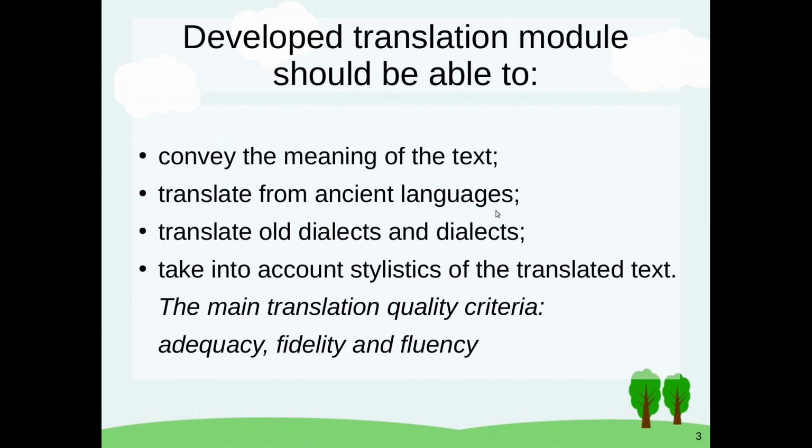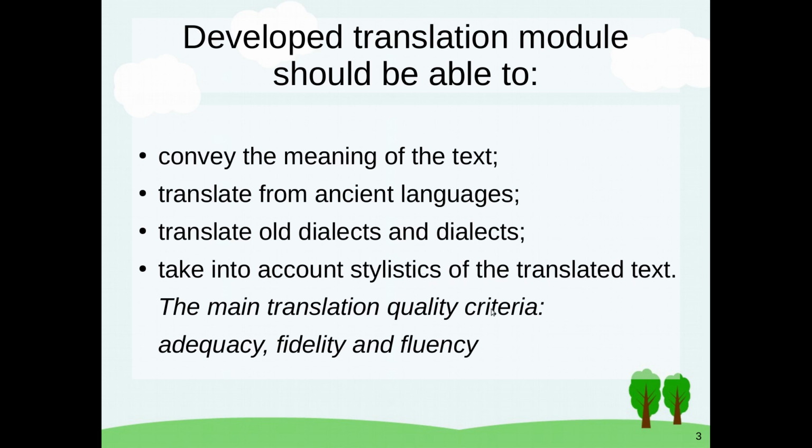The developed translation module should be able to convey the meaning of the text, translate from ancient languages, translate old dialects and local dialects, and take into account the stylistics of the translated text.